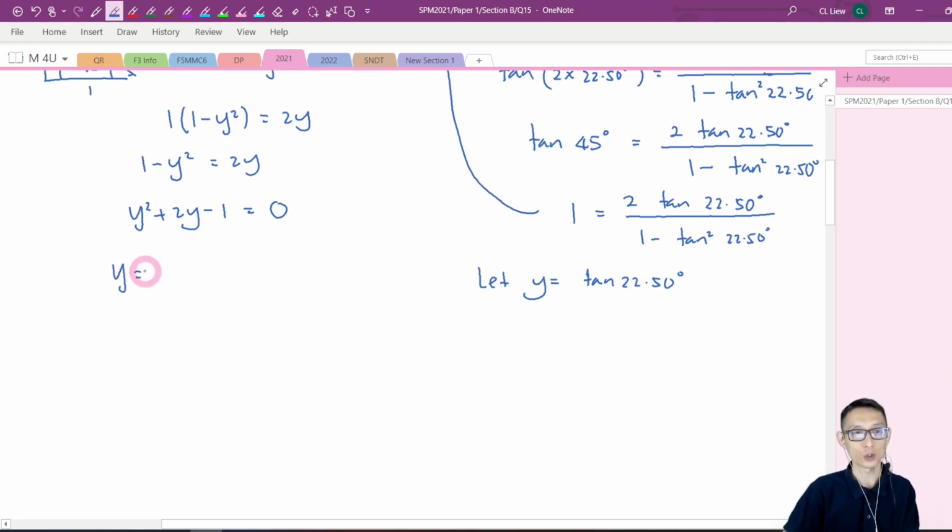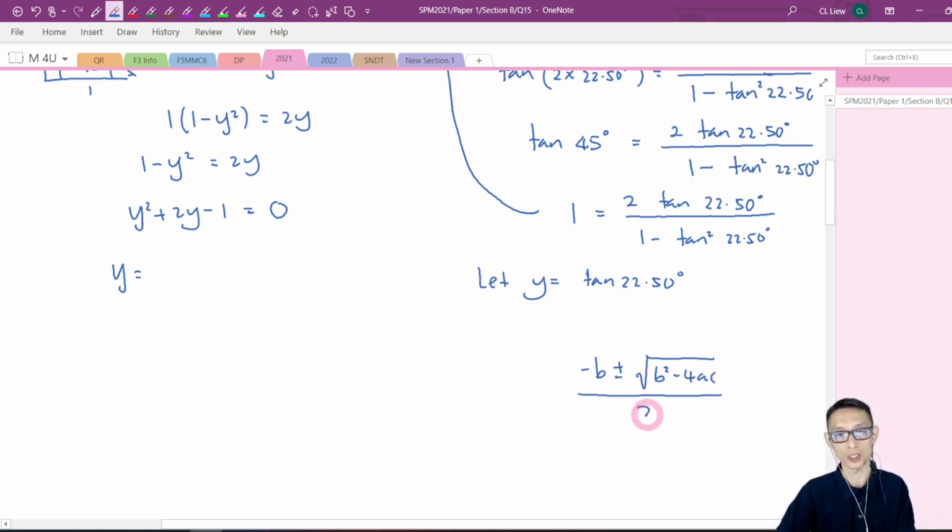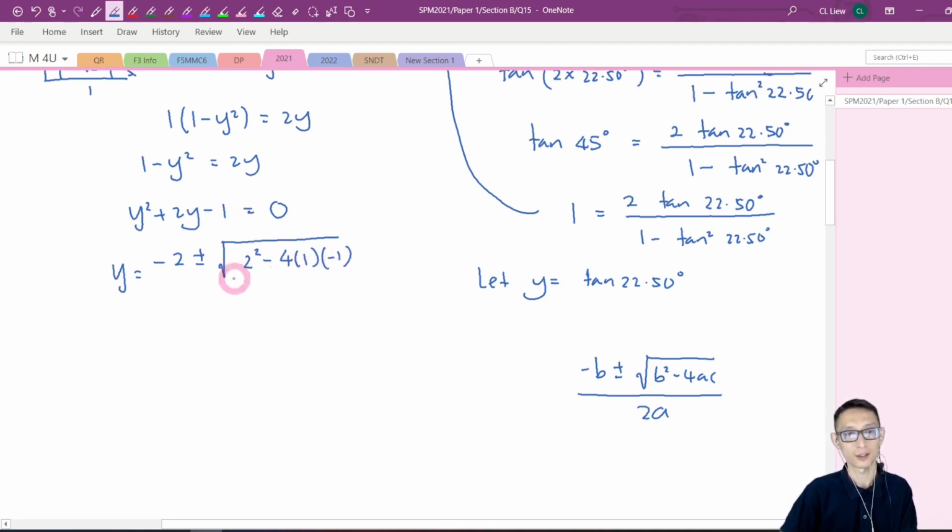So y is equal to, you remember the formula, negative b plus or minus the square root of b squared minus 4ac, over 2a. The b is 2.